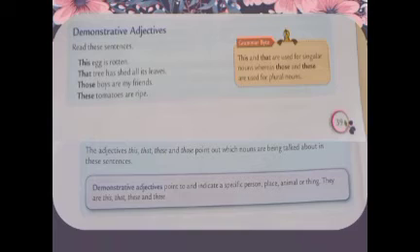So my is a possessive adjective. So if we put the question whose and the answer for that question is an adjective, that is a possessive adjective.